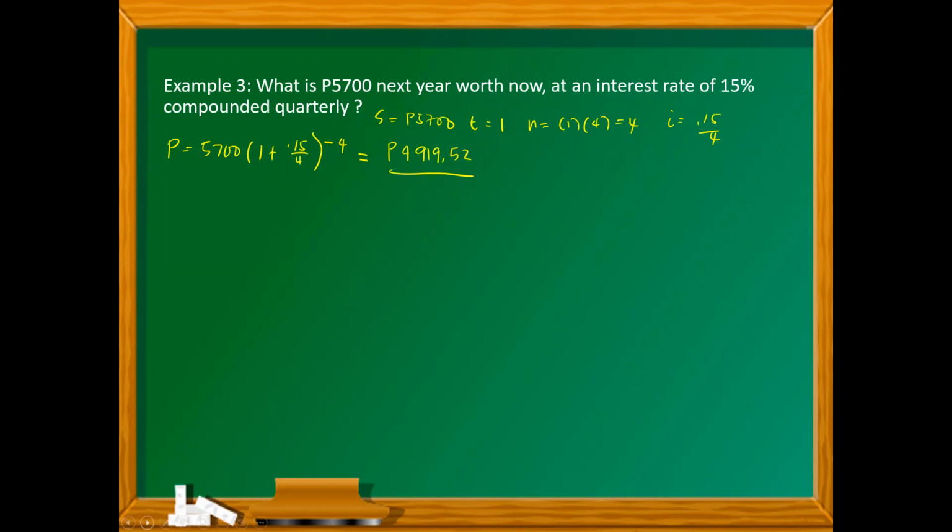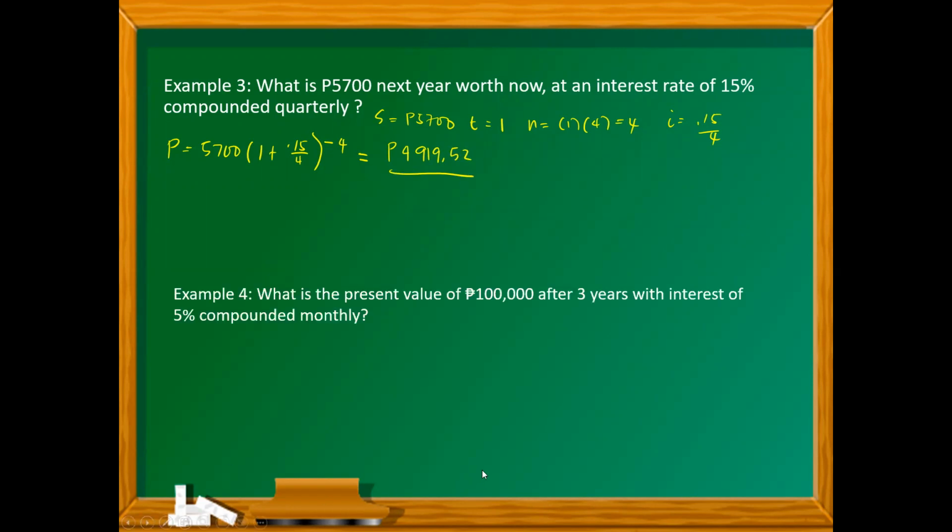And lastly, we have, what's the present value of 100,000 pesos after 3 years with interest of 5% compounded monthly? So your S equals 100,000 pesos, and t, of course, equals 3 years. Then the interest rate is divided by 12, and your n equals 3 times 12. This gives you 36.